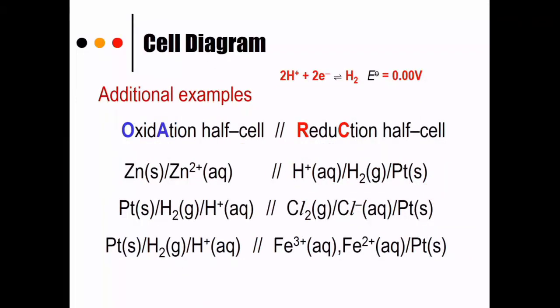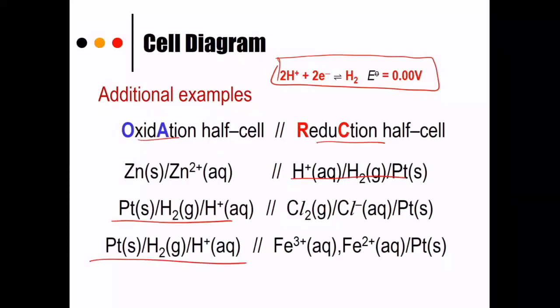Okay? Now, these are additional examples to show you that the standard hydrogen electrode can appear as either the reduction or the oxidation half cell. So these are your standard hydrogen electrodes, and where it appears will depend on the E naught value of the other half cell.